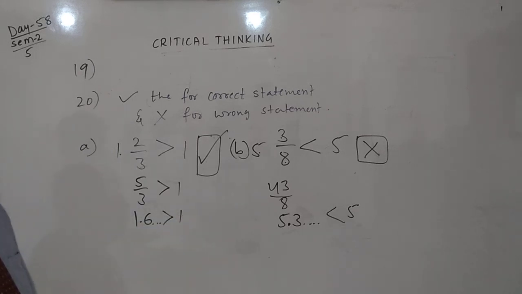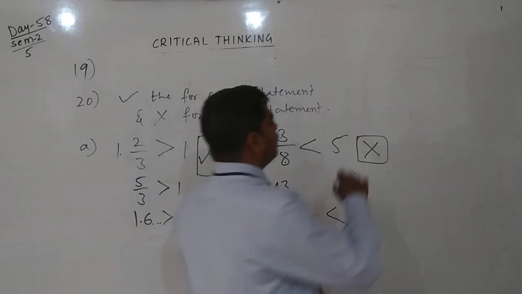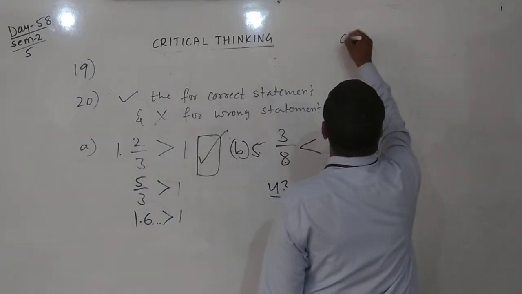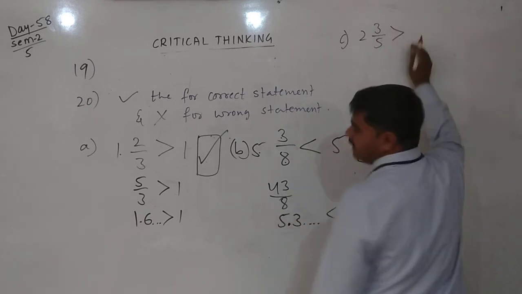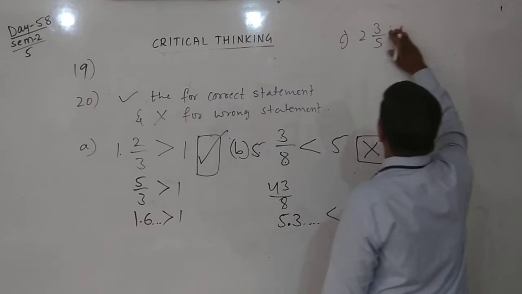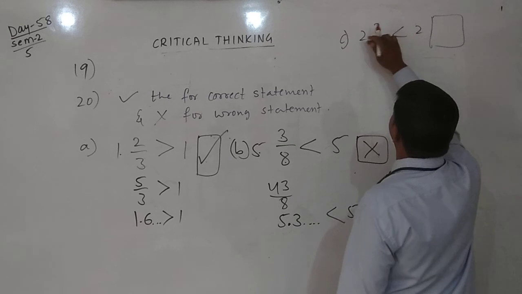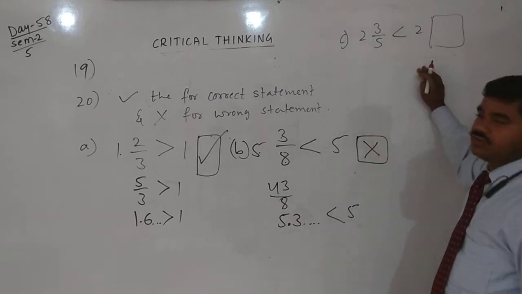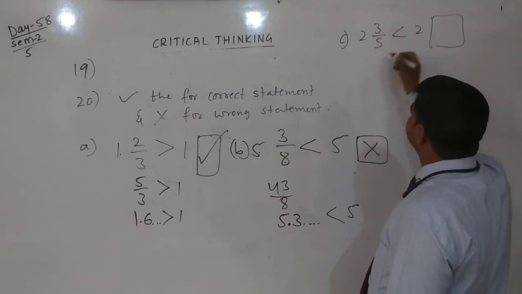Again, 2 integer 3 by 5 is greater than, or less than 2. Wrong it is. Why? The whole number is 2, and this much fraction is increasing.